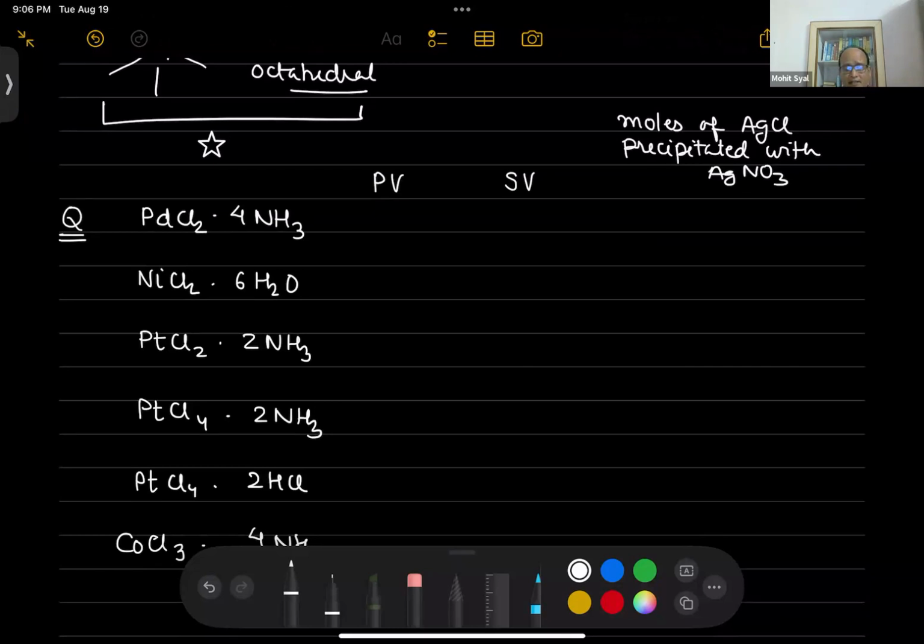So let's start to figure out what is the primary valency. This is the easiest to figure out. That will be equal to the charge of the metal ion.